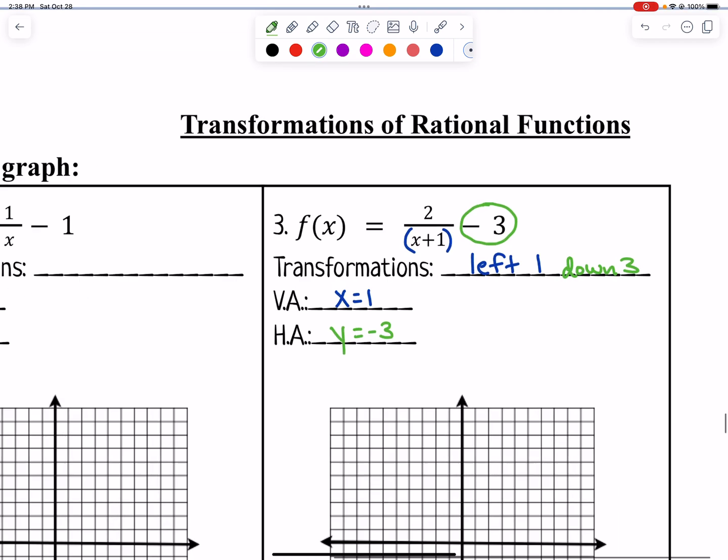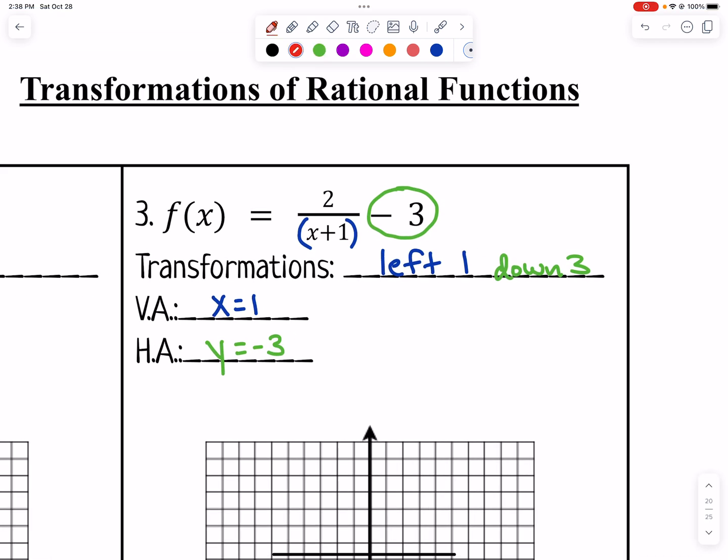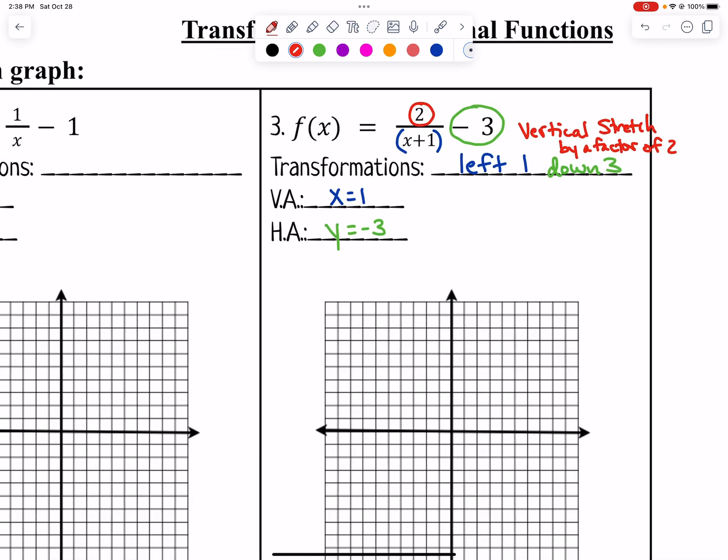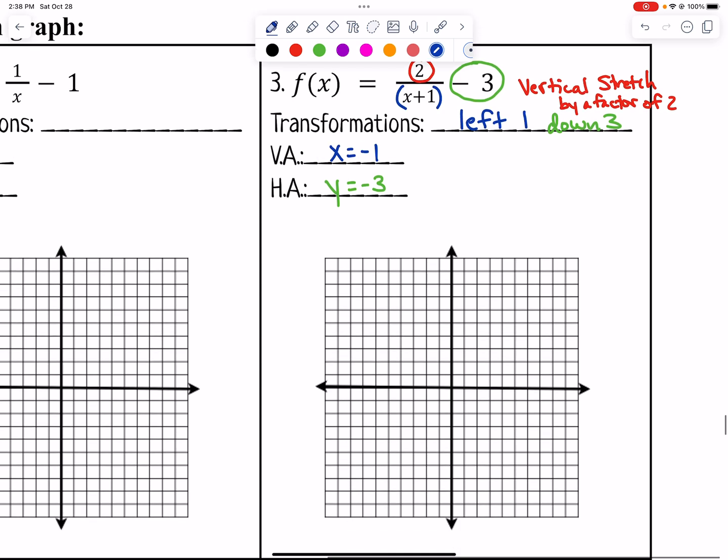Then we also have an a value of 2. So the 2 is larger than 1, so it's going to make our function have a vertical stretch by a factor of 2. Okay, so let's sketch it. We have a vertical asymptote at negative 1, because that's our restricted value. So go to negative 1, because it went left 1.